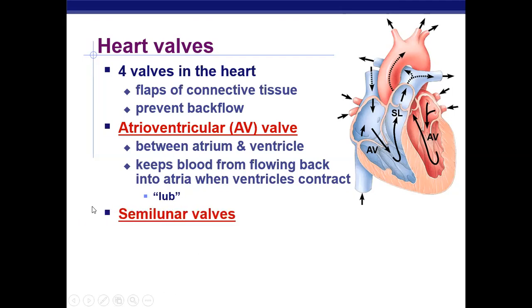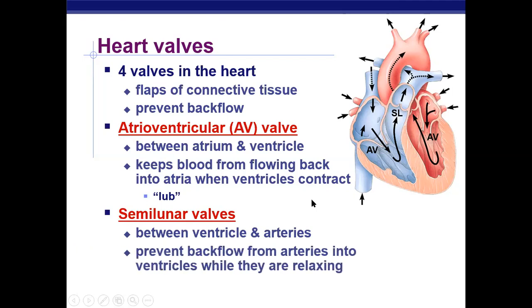Then we have the semilunar valves. So here's a semilunar valve right here, and then the other semilunar valve is right here, kind of tucked behind. Right? The semilunar valves are between the ventricle and the arteries. They prevent backflow from arteries into ventricles while they are relaxing.